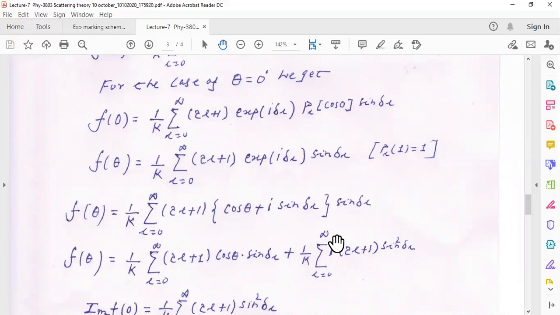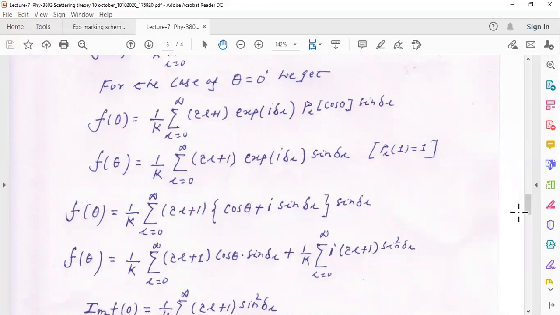And the imaginary term is 1 upon k, sum of 2L plus 1, i times sin delta into sin delta, which gives you sin square delta.